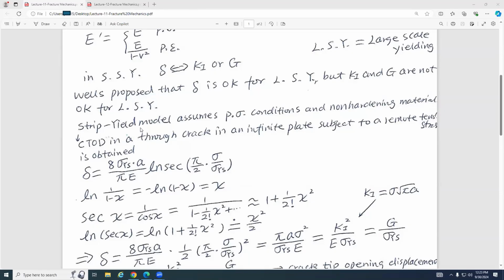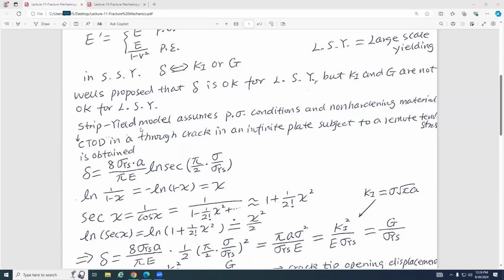So log of 1 plus x equals this, so this is x. Are you guys following me? Okay, let me repeat.